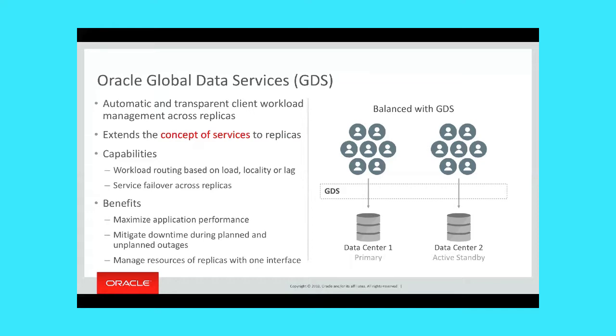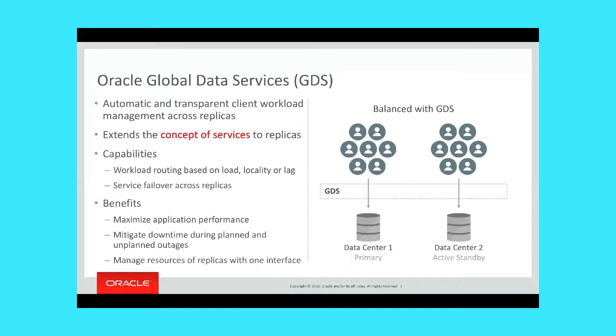With GDS, what we have done is we've extrapolated that notion of service failover and load balancing across databases. So in RAC you can do it across instances, but with GDS, now you can do the service failover and load balancing across replicated databases. And we have created a new notion called global service, which is offered over a pool of replicated environments. And all of this will be covered in detail in the subsequent slides.